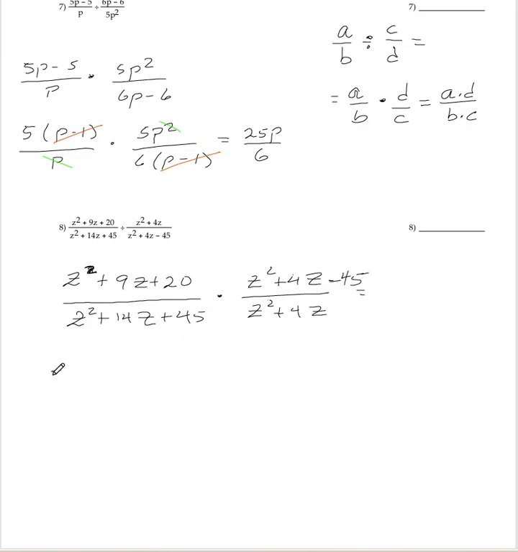So we will factor now. So factoring c squared plus 9c plus 20 would be c plus 5, c plus 4. 5 times 4 is 20, and 5 plus 4 is 9. C squared plus 14c plus 45 will be c plus 9, c plus 5.